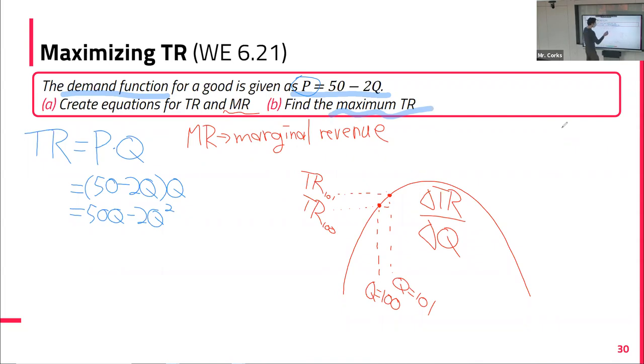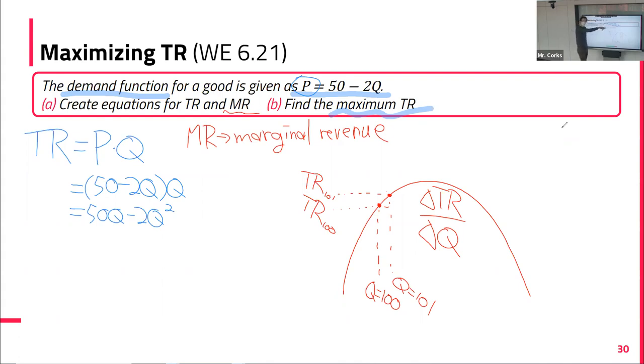So the mathematical relationship of slope perfectly matches our practical definition of marginal revenue. The marginal revenue is the slope of the original function, because the slope says if x goes up by 1, how much does y go up or down by? And marginal revenue is also exactly that thing.